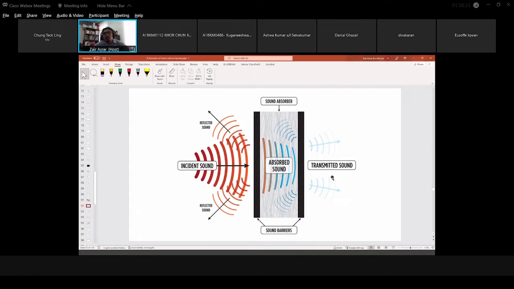Of course we want to have zero transmission, as much as is physically possible. So we have incident sound, absorbed sound, and transmitted sound. There is a relation between these three parameters, depending on our sound barrier parameters or the absorber that we put inside our sound barrier.